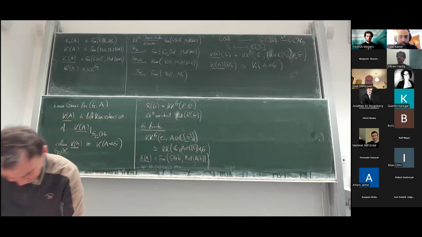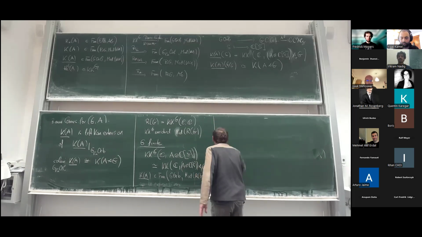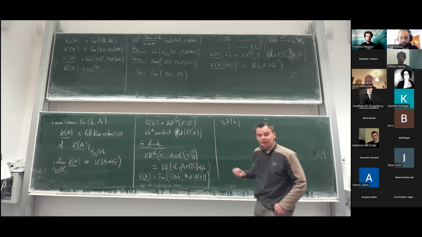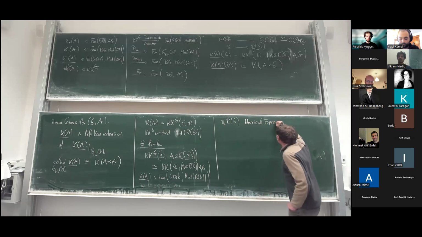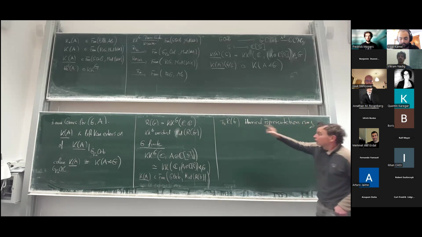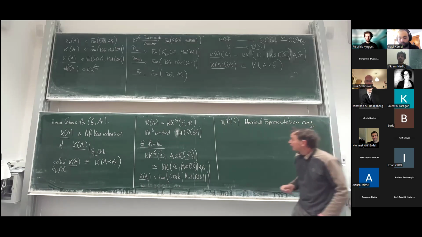Of course, we know what this representation ring is. So pi naught of R of G is the classical representation ring. So I can provide elements in this ring by giving finite dimensional representations of G, and I will do so.